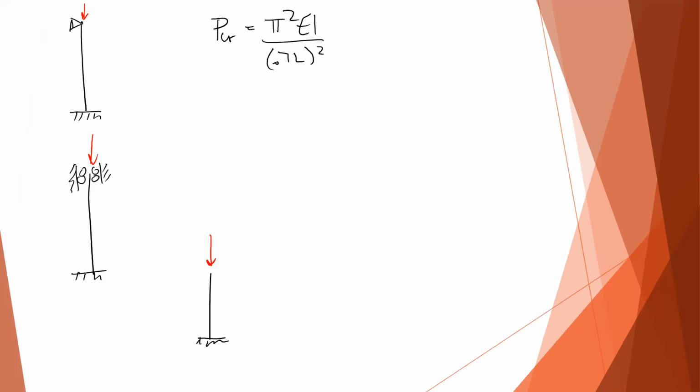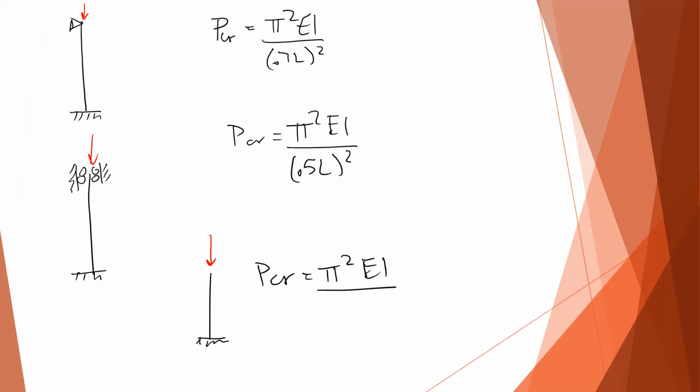The second one is P critical equals pi squared EI over 0.5 L squared. And this bottom one is pi squared EI over 2L squared.